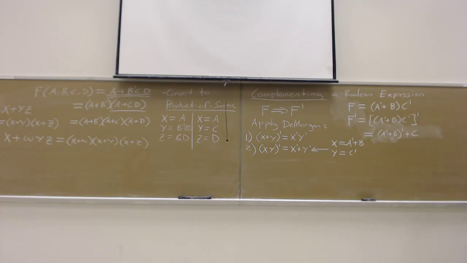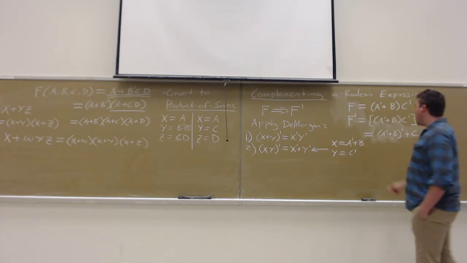Why or c, and not or c prime? Because the prime of a prime is just c. There was already c naught, so c naught naught is just c.